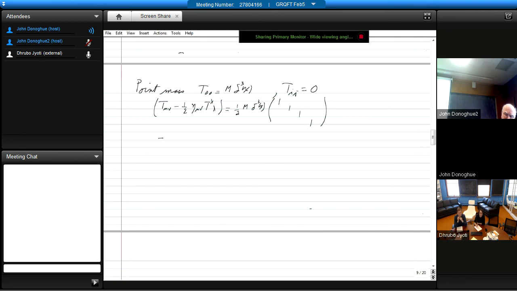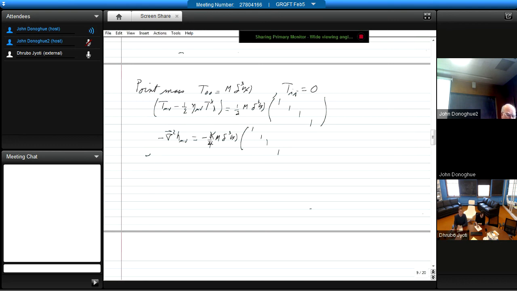So I have minus box, but minus box is minus del squared because there's no time dependence. h mu nu is minus a half m delta 3 of x, 1, 1, 1, 1, and I have kappa over 2. All right, let's hope I come out with my right. I should have kappa over 4 there because I had m over 2 here. I think it's going to work.